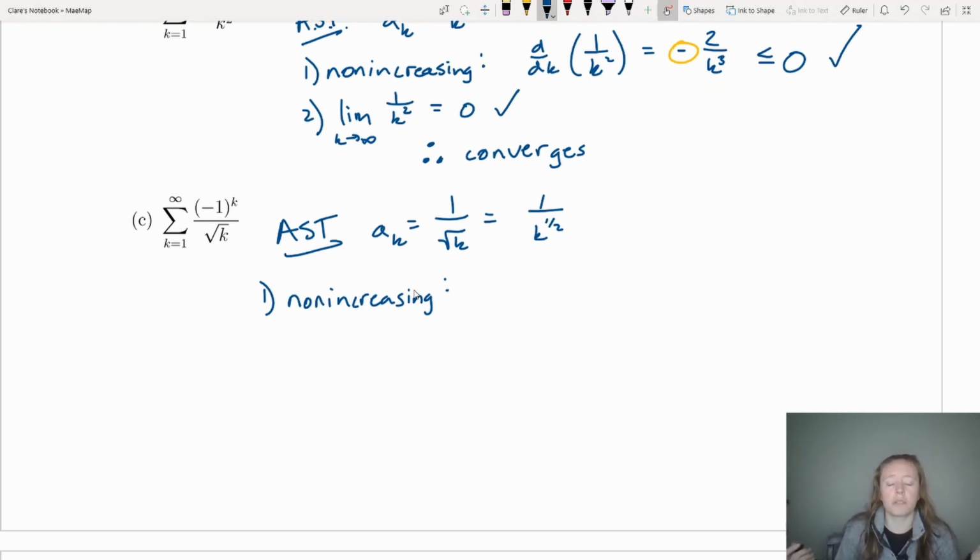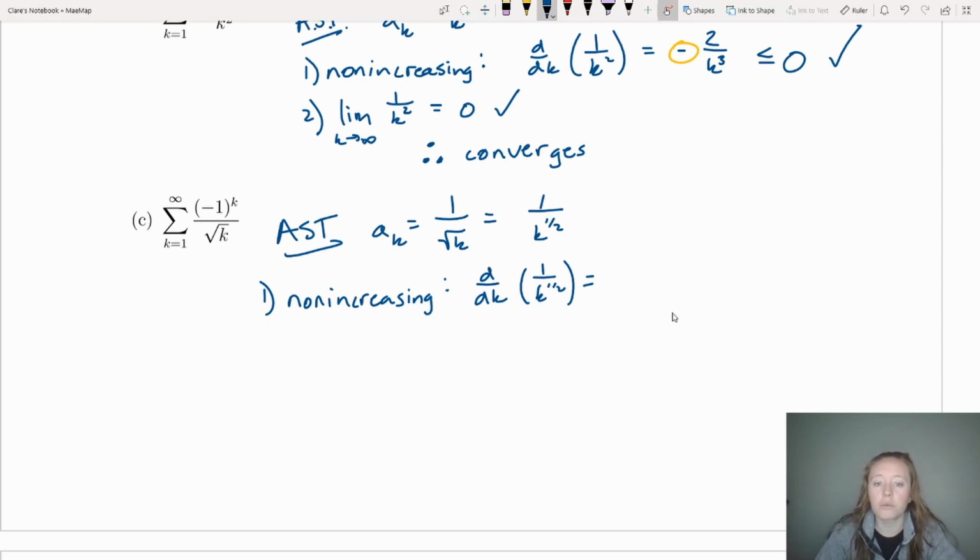Another way you could show that terms are non-increasing is setting up a ratio with a sub k and a sub k plus 1. I just think the derivative is a surefire way to get there because all we have to do is show that it's negative. So in this case, I'm going to be taking the derivative of 1 over k to the 1/2. This is equivalent to k to the negative 1/2.